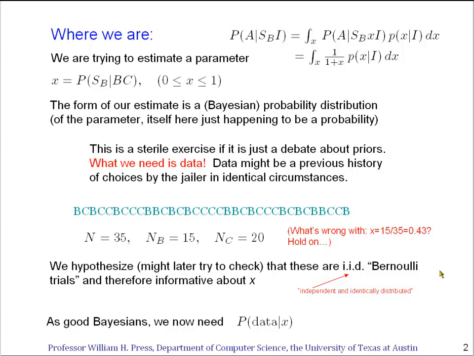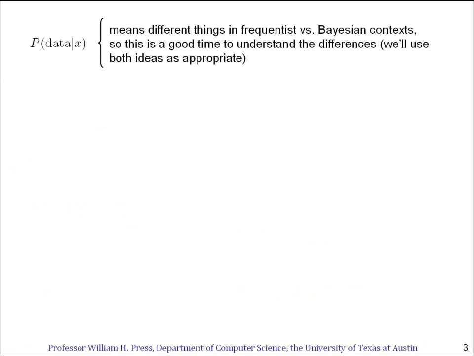Now, as good Bayesians, we need to compute the probability of the data given the parameter. That's, of course, the opposite of what we really want. We want the probability of the parameter, and that's where Bayes' rule is inevitably going to enter. This would be a good time to comment about this deceptively simple concept, the probability of the data given the parameter, because it means different things to a frequentist than it means to a Bayesian, and this would be a good time to understand the differences.